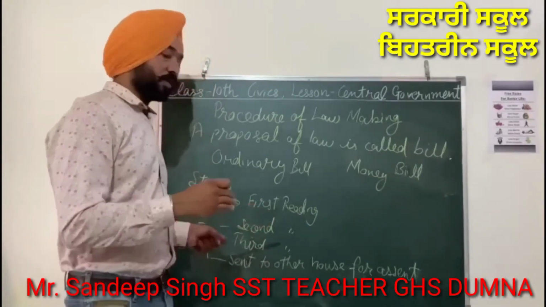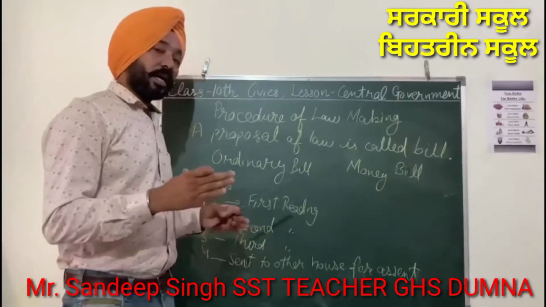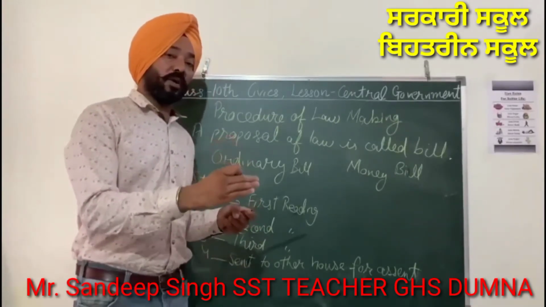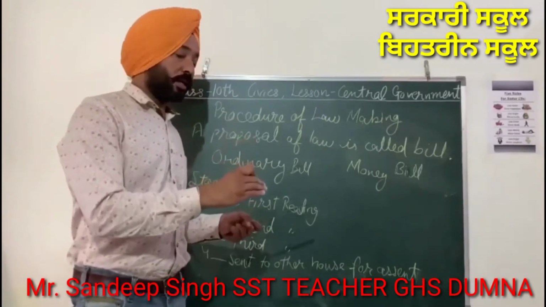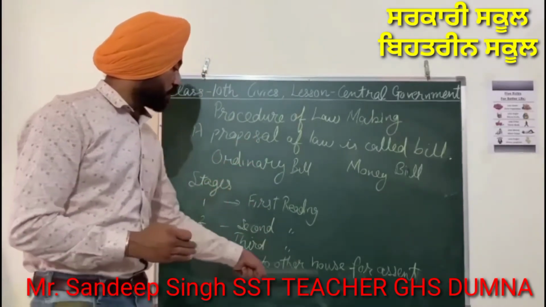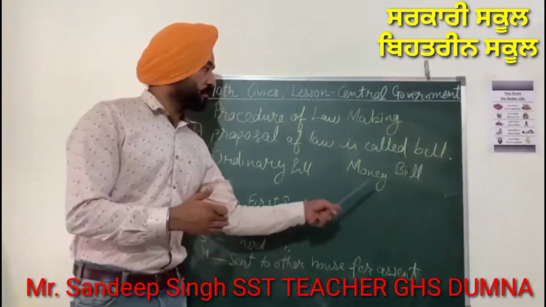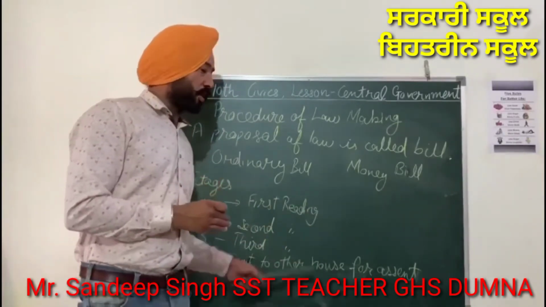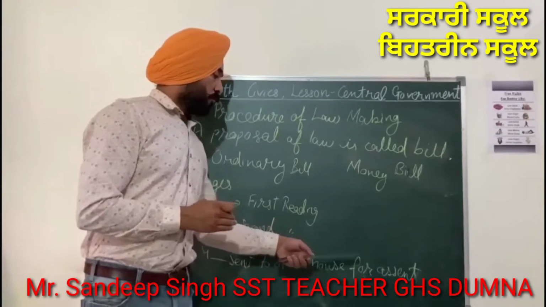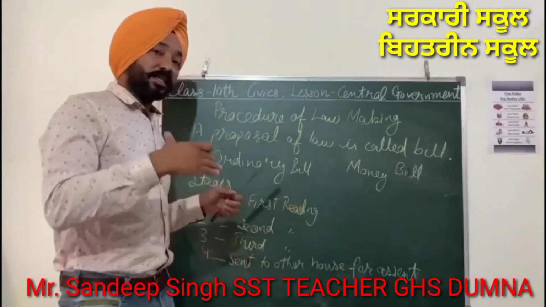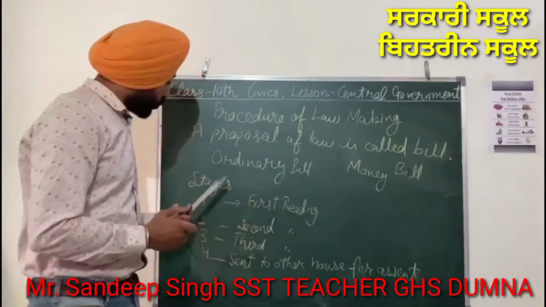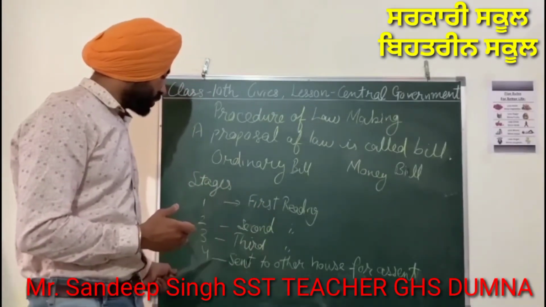Voting will be held on that bill, and if this bill is passed in Lok Sabha with simple majority, it will be sent to the other house. Other house means Rajya Sabha. And the same procedure will be followed in Rajya Sabha, the same four readings, four stages.